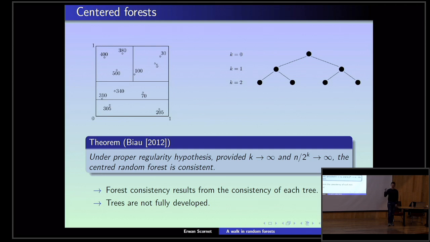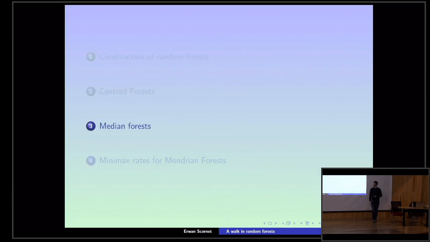Here I assume that you have a huge number of points in each cell, because this number tends to infinity. So this is really a huge difference, and besides, the construction of the forest is totally different. So we know that centered random forests work because they are consistent, but that's it.